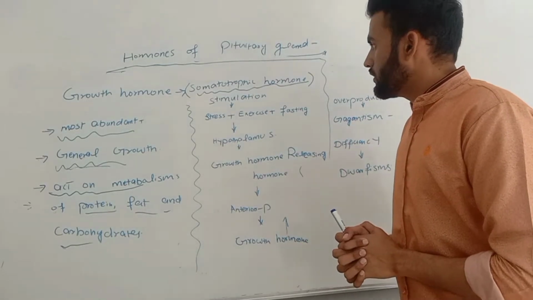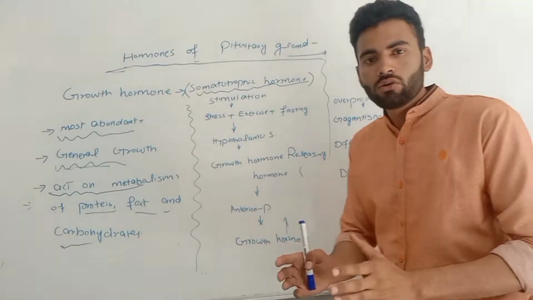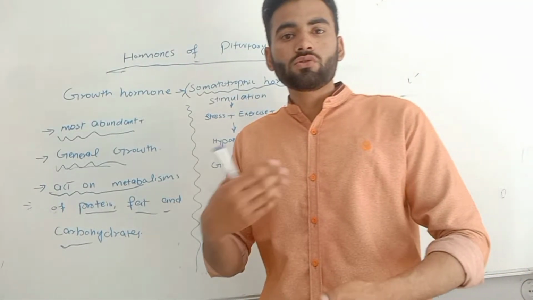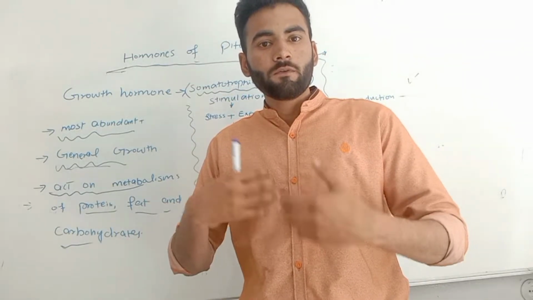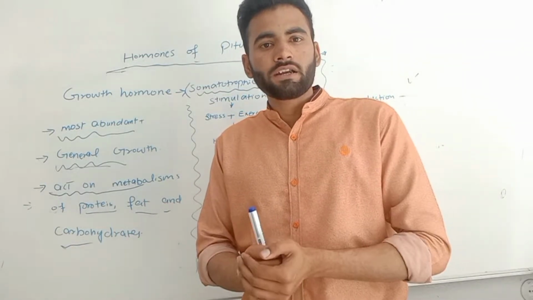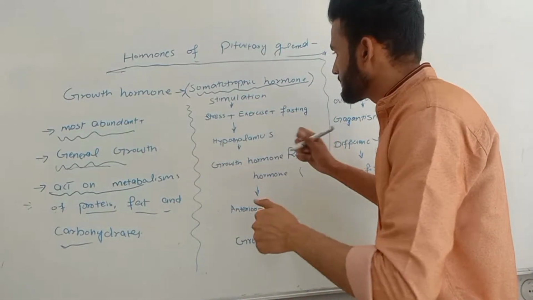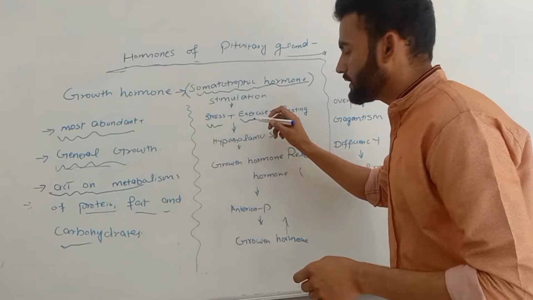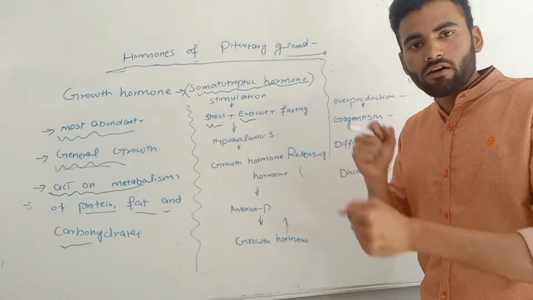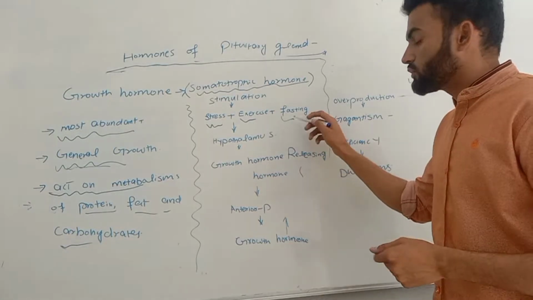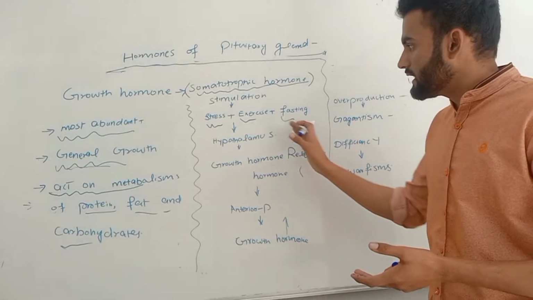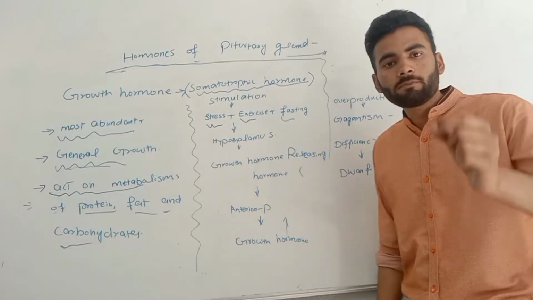Okay, so the other thing is how the somatotrophic or growth hormone is released inside our body. What is the stimulation for its secretion? So the first stimulation is when we are under stress, or doing some kind of hard exercise, or we are fasting, then all of these stimulate your hypothalamus.